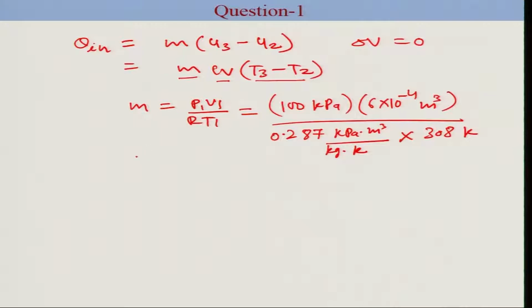After solving it, we get m equal to 6.788 into 10 to the power minus 4 kg.